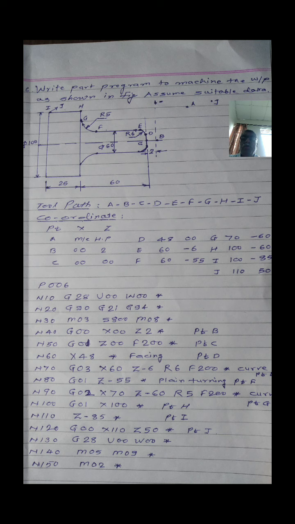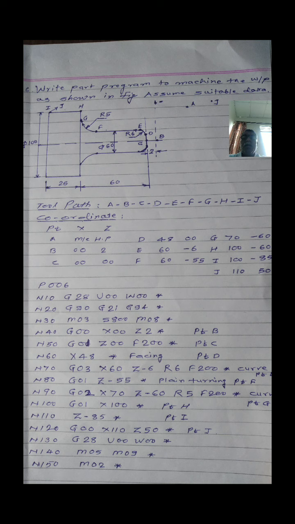Therefore, you have to use the G01 code, that is linear interpolation function, so that tool will move slowly to control the feed rate. That is G01 Z0 F200 end of the block, that is point C. Means during the block number 50, your tool will be reached at point C. Is it okay? You have to control the feed rate F200, that is a feed rate.